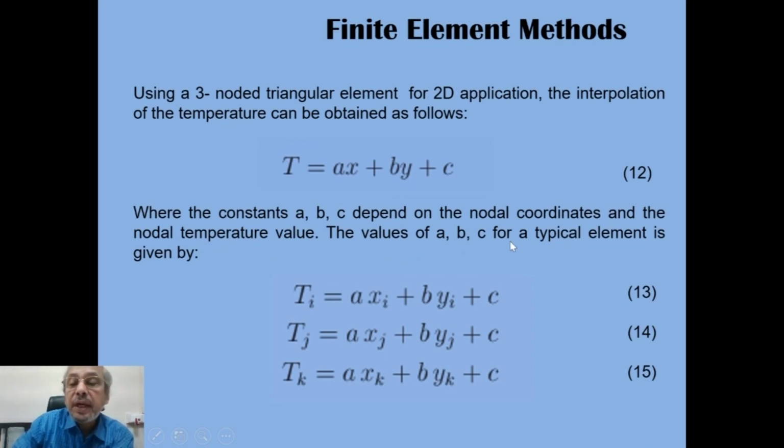The values of A, B, C for a typical element will be given by Ti equal to A xi plus B yi plus C, Tj equal to A xj plus B yj plus C, and Tk equal to A xk plus B yk plus C.